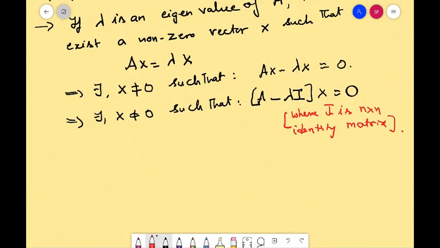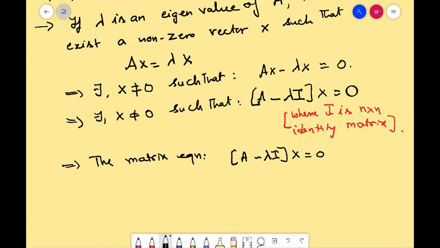So that implies the matrix equation (A minus lambda I) into x is equal to 0 must have a non-zero solution.